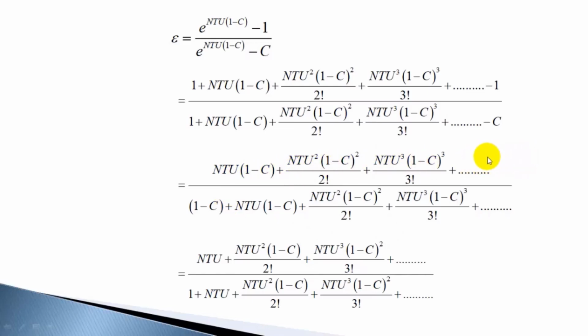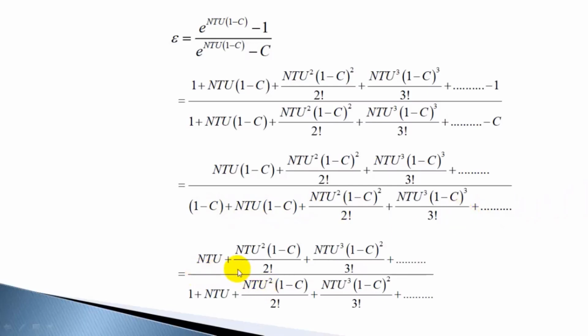From the first term to the last term you will have 1 minus c as a factor. Here again 1 minus c, for all the terms you have 1 minus c. So you can take 1 minus c outside, you get NTU plus NTU square into 1 minus c by 2 factorial plus NTU cube into 1 minus c square by 3 factorial plus etc. Here again 1 minus c you can take outside. You get 1 plus NTU plus etc.